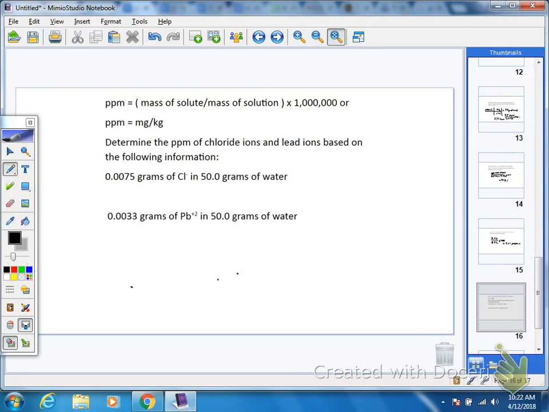Thank you, 0.03033 divided by 50 times 1,000,000. And that's how much you'd have of lead ions. We don't want lead in any sort of situation because we can't get rid of it.